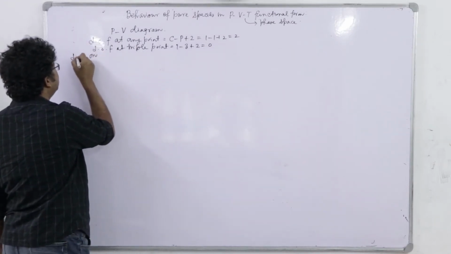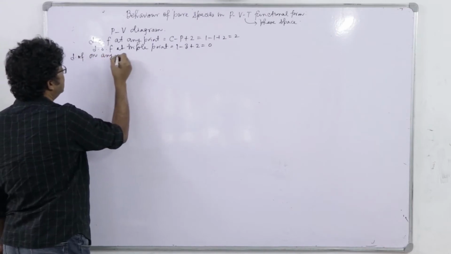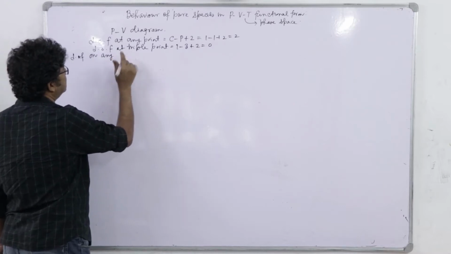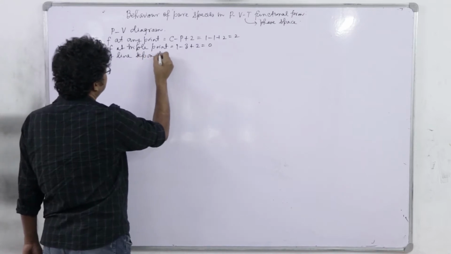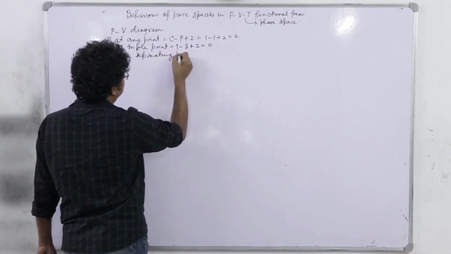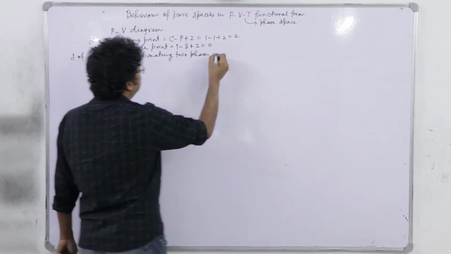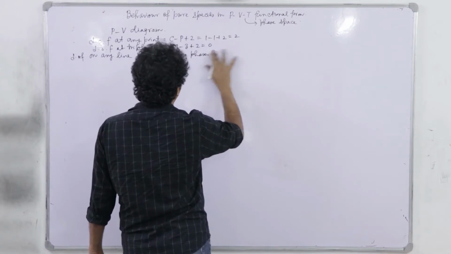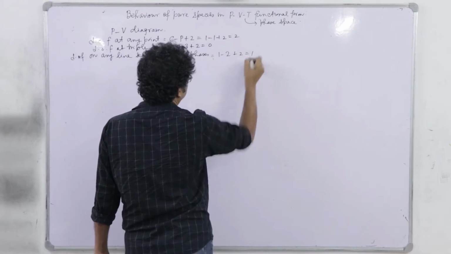The degrees of freedom on any boundary line, or any line separating 2 phases, will definitely be C minus P plus 2. C is basically 1, phase is 2, plus 2, so it is 1.